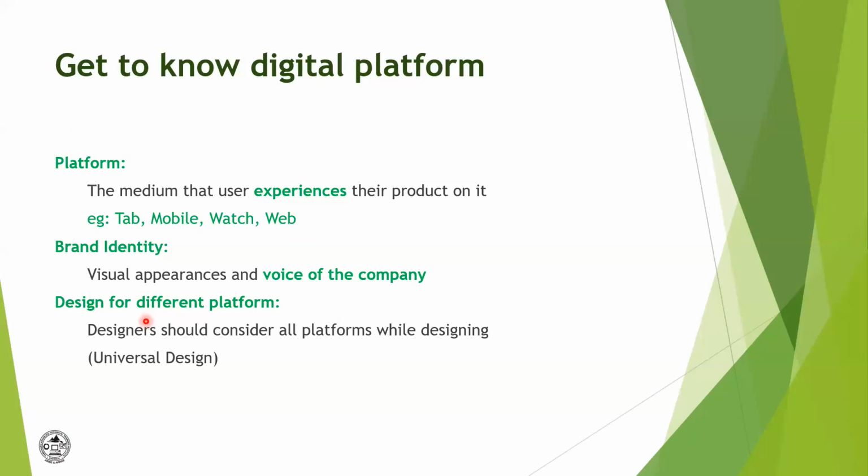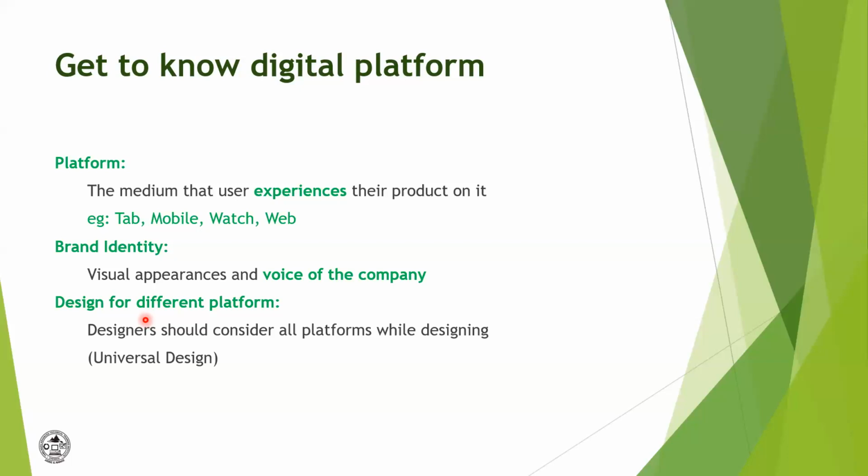So this UI UX is not only for the mobile platform. If we design an application, it should be accessible on mobile, and it should be accessible on the tab. In mobile itself, there are multiple screens, and each and every screen shows a different size. Then tab, and then smartwatches are there. Such things we have to design separately.